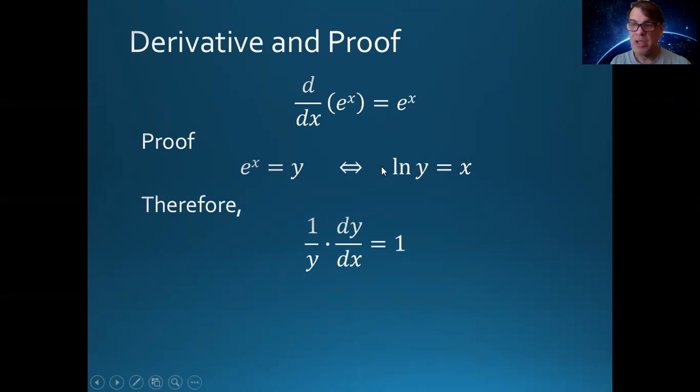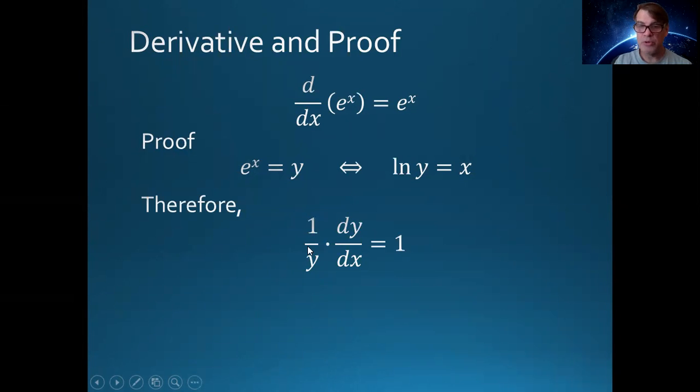If I take the derivative of the natural log of y, I know from previous videos that this is going to be 1 over y times the derivative of y, dy dx. And the derivative of x is 1. So I've got this little equation right here.